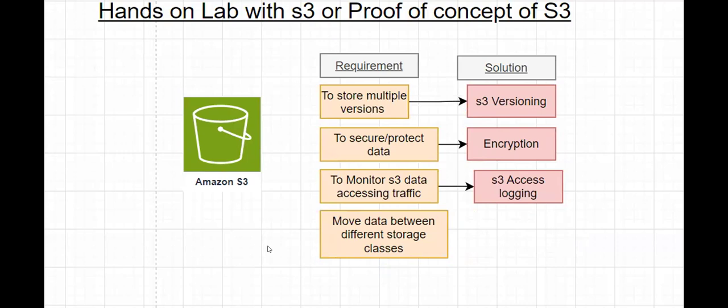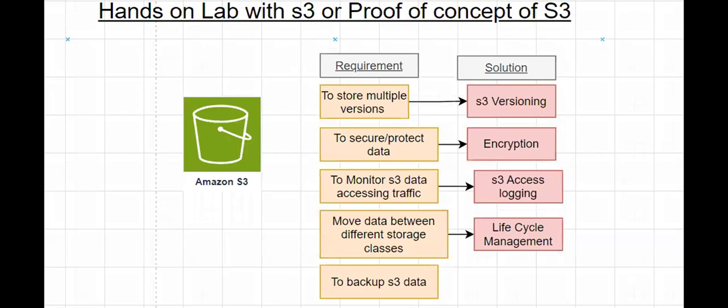Or if you want to make it automatic, you might need to write some automated code. So to reduce the burden of creating your own automated code, there is an option to move your data between different storage classes in S3. That option is lifecycle management. You can use lifecycle management to move your data between different storage classes in your S3.